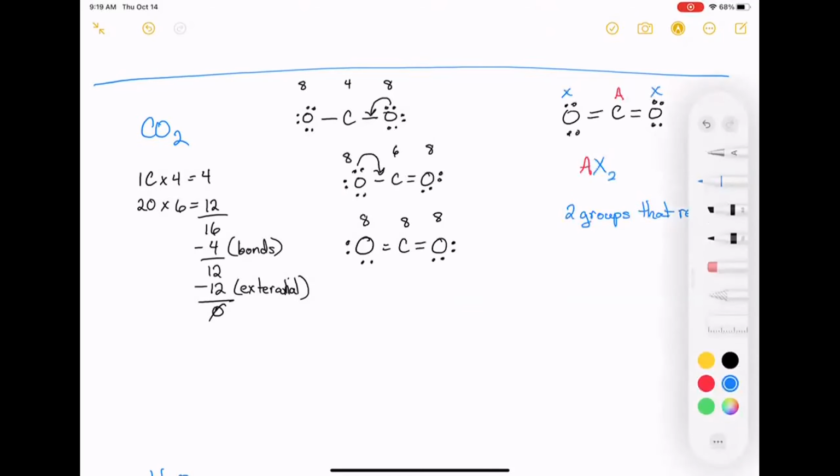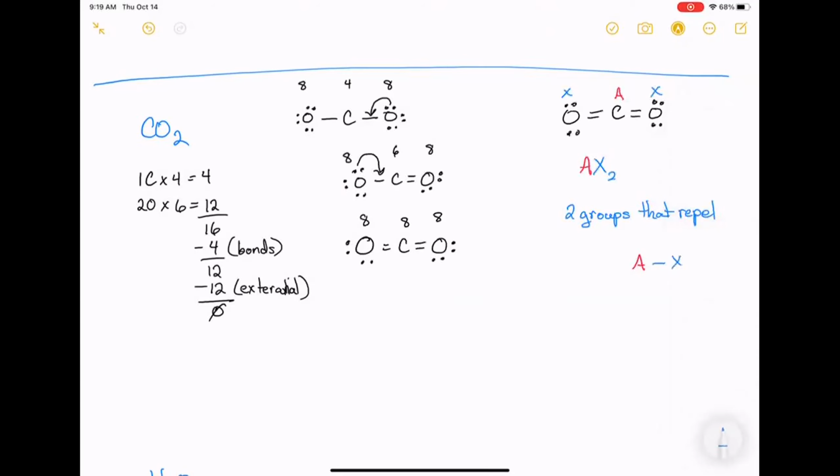They are going to repel so that they are 180 degrees from each other, and they form the linear format. This is their electronic geometry.